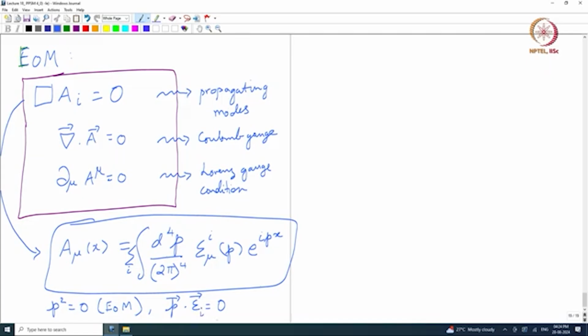Remember, i labels the polarization vectors, not the components of the vector, right. This I get simply from the gauge choice, from the Coulomb gauge itself. Right.